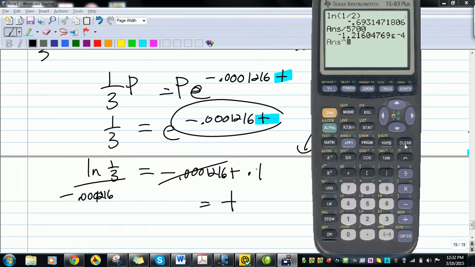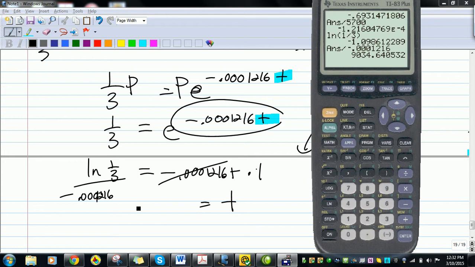And then I turn to my calculator to tell me what that number is, right? So I want the natural log of 1/3, which I guess you could express as natural log of 1, which is 0, minus the natural log of 3 using the quotient property. I want to divide that by negative 0.00011216. Okay.